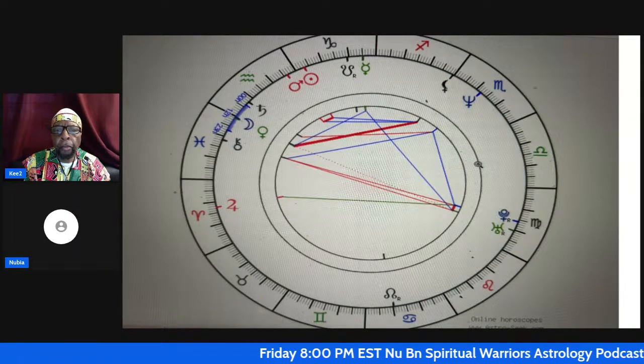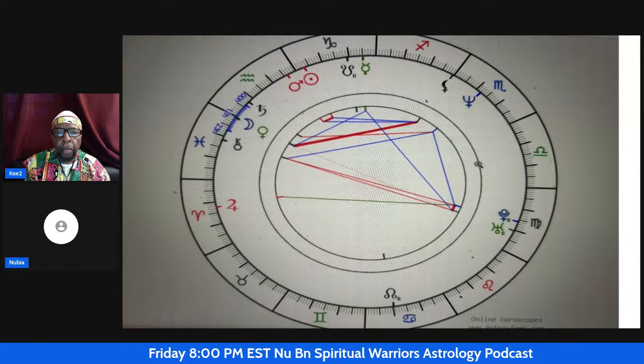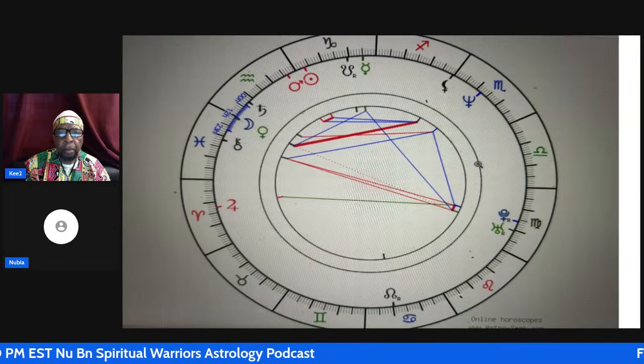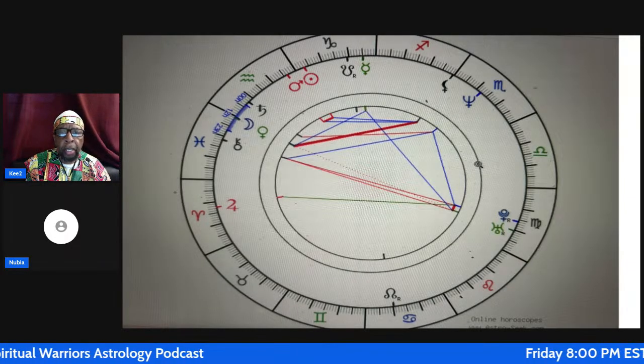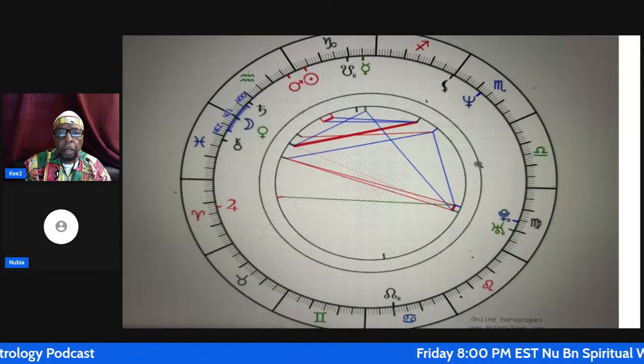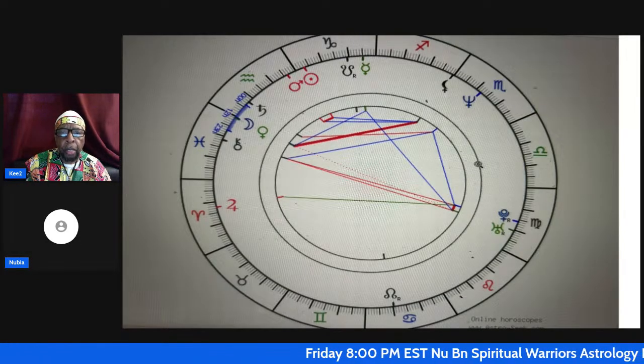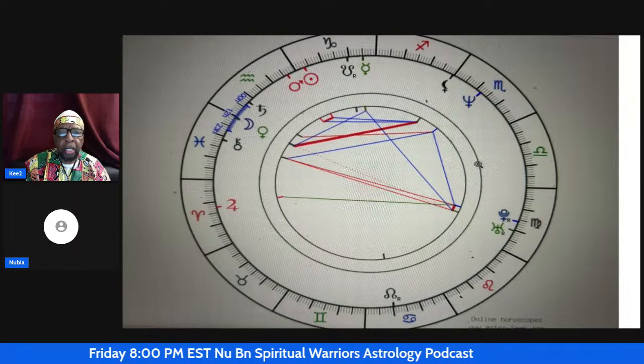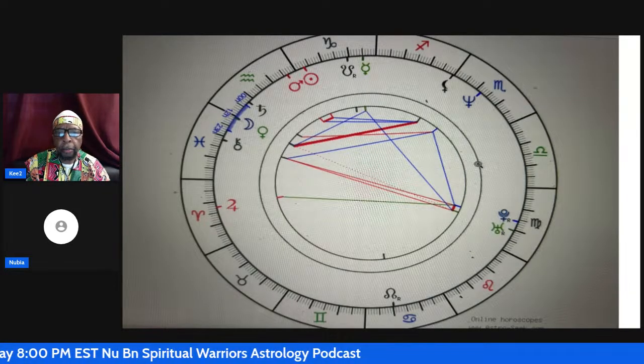Now, looking at the seventh house, that's Libra. That's the astrological sign for Libra. So Libra is there in the seventh house. So we'll go to the next house. And Sister Nubia, what planet do you see there? Tell us about that next house.